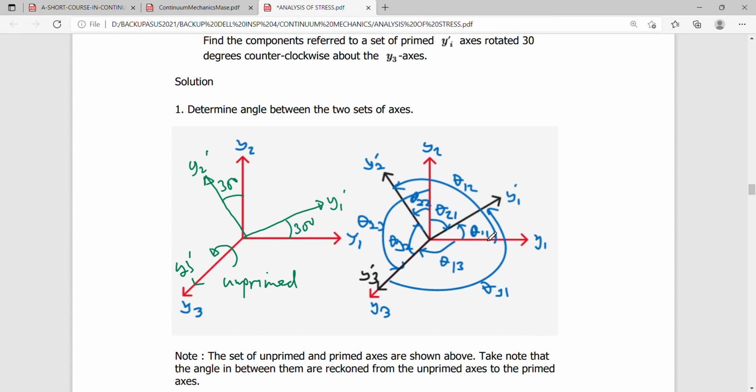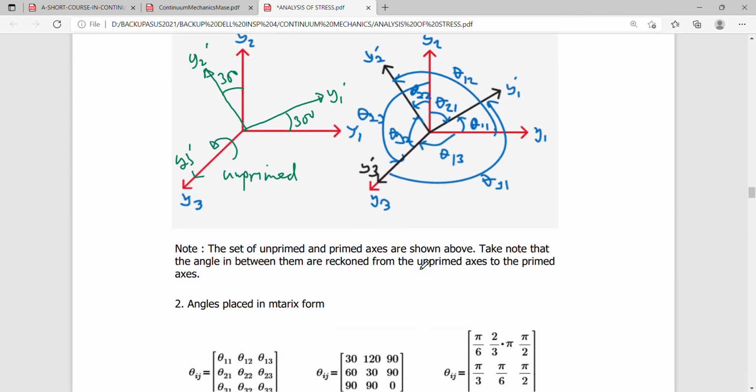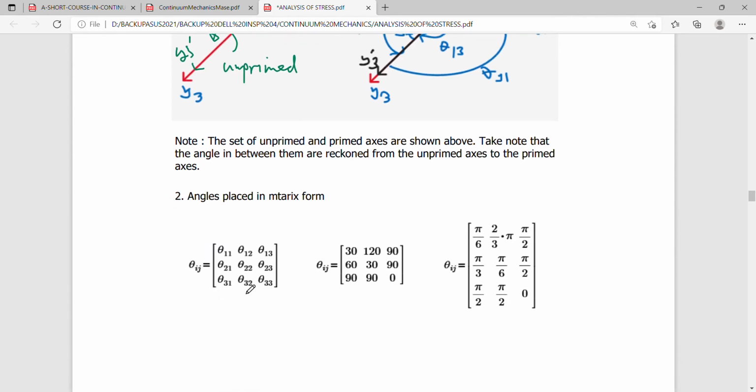So all in all, you have 3 times 3, 9 angles to reckon from to complete your angles: theta 1,1, theta 1,2, theta 1,3, etc. And these are all given here as theta ij equivalent to this angle in degrees. So this is in degrees, and this is in radians.